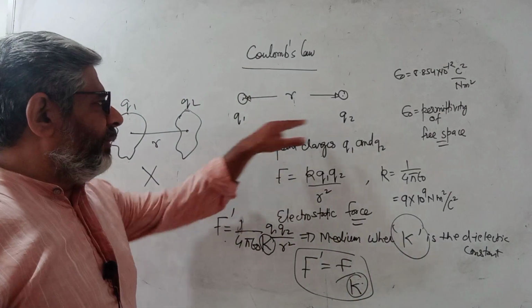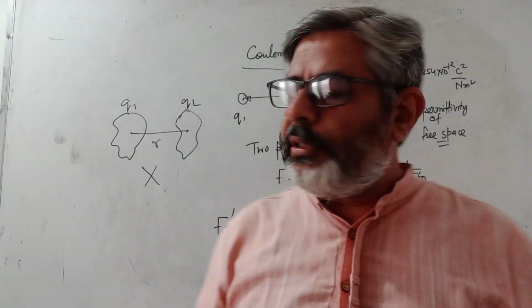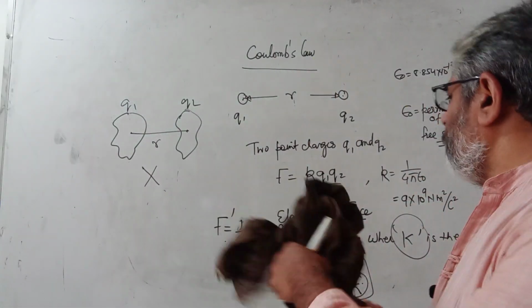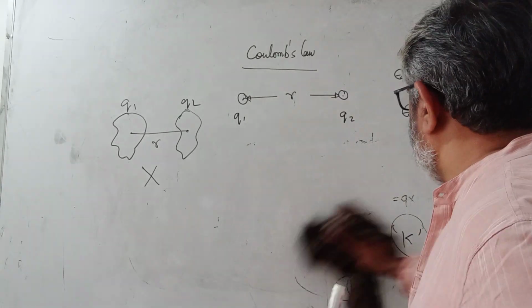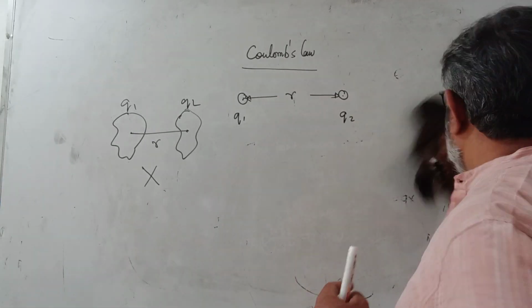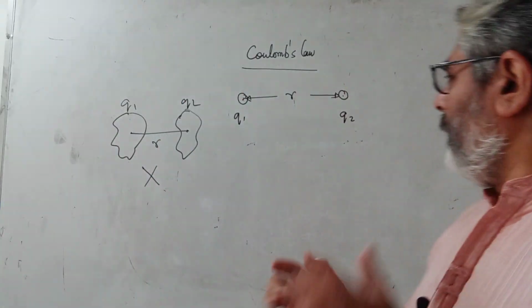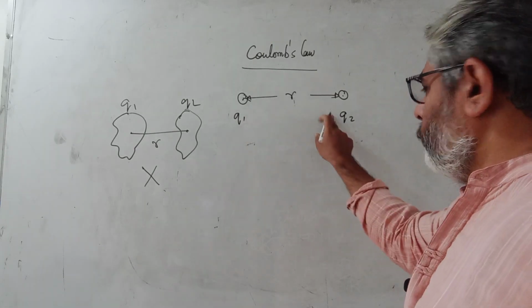Now this force between two charges, as I said, now I am coming to the direction. So it also has a directional characteristic. So I will also write the vector form for this force, because you may not be able to understand the direction. Now suppose I am finding the force on 1 due to 2.